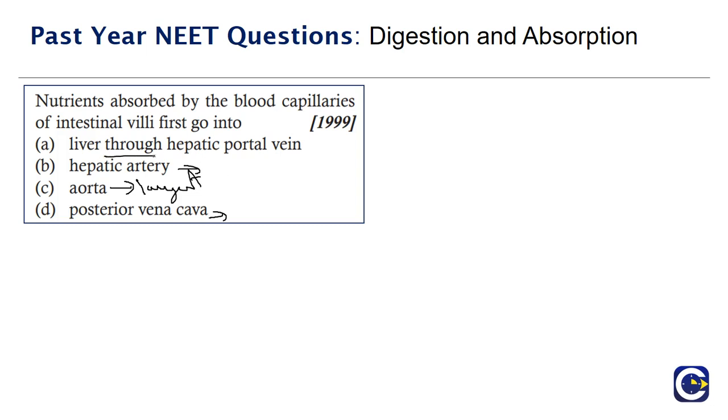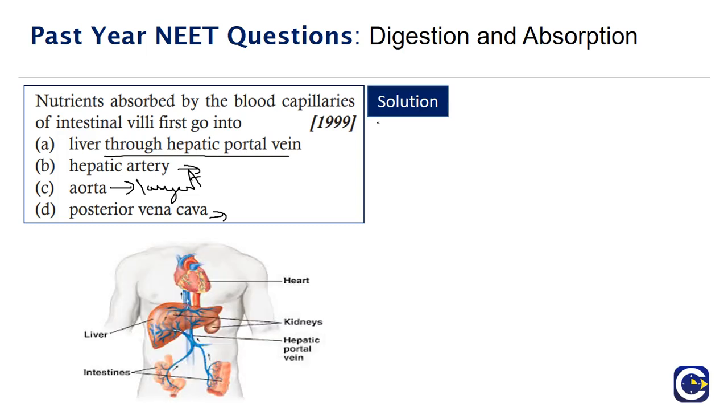So what happens is, from the intestine, let's look at a picture. From the intestine, the venules all combine together and enter the liver. So from the GIT, the nutrients are all taken to the liver for processing, and then they reach the heart.